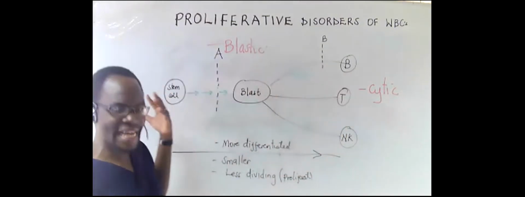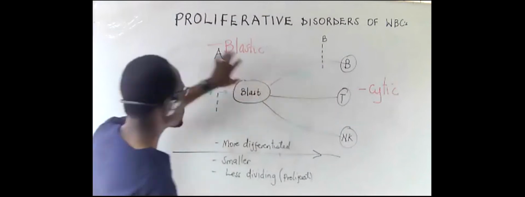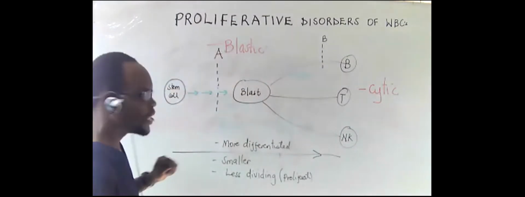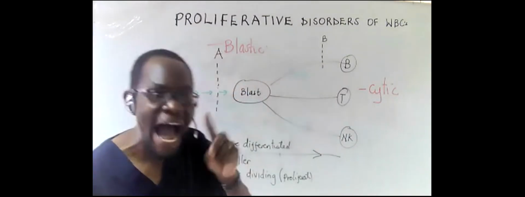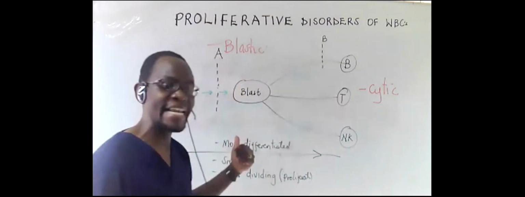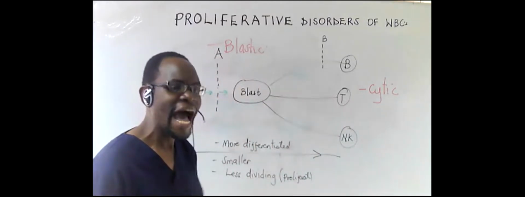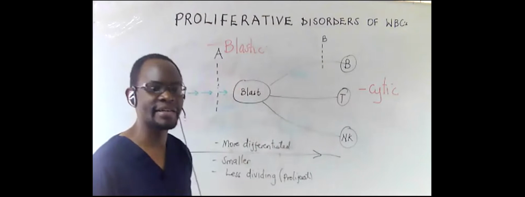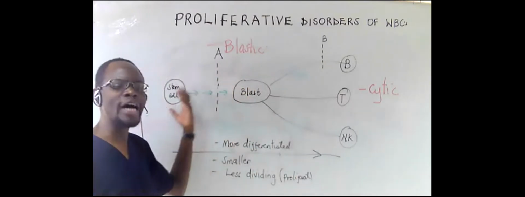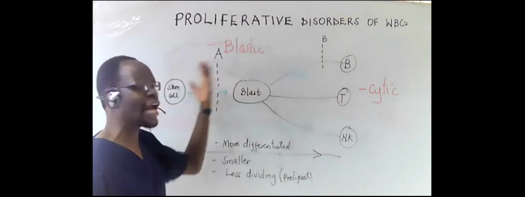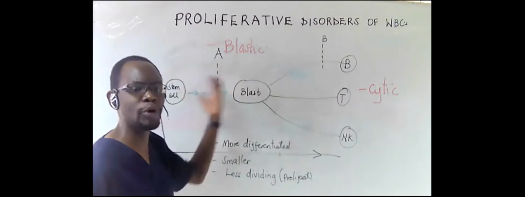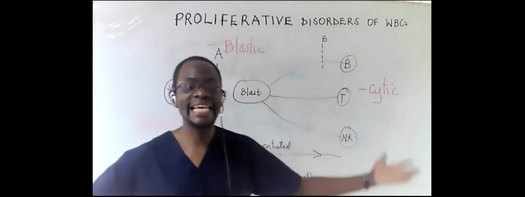On this side, ladies and gentlemen, the cells are blastic. In other words, they are bigger, more dividing, and less differentiated. In other words, they cannot perform the functions they are supposed to, because they are less differentiated.